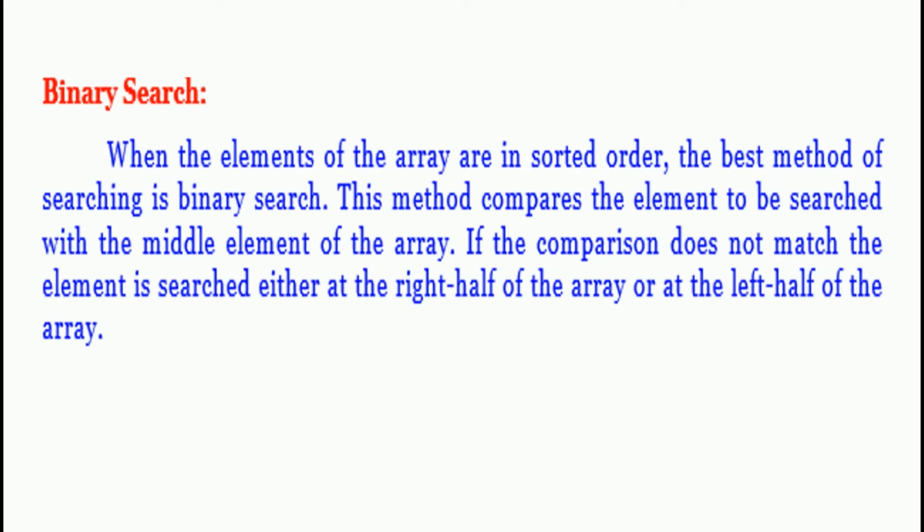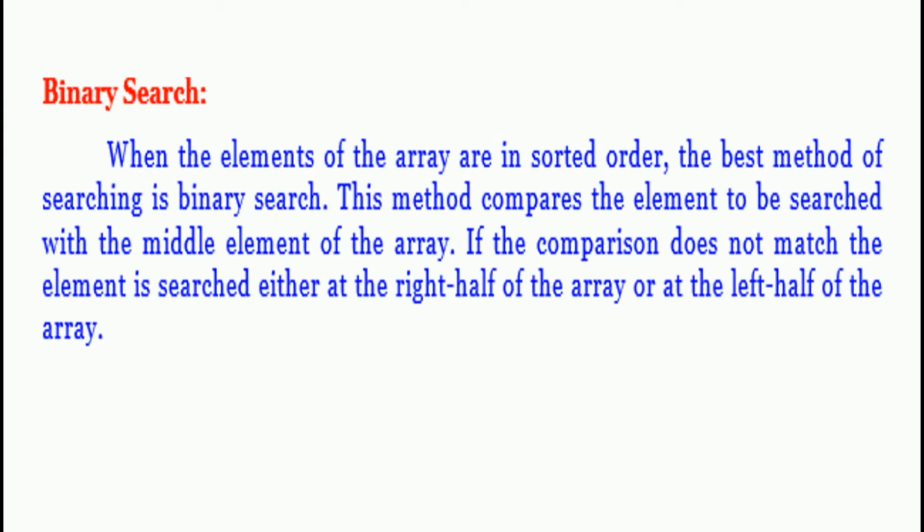This method compares the element to be searched with the middle element of the array. If it is equal, then it displays that the search is successful. Otherwise, it divides the whole array into two parts, left part and right part.